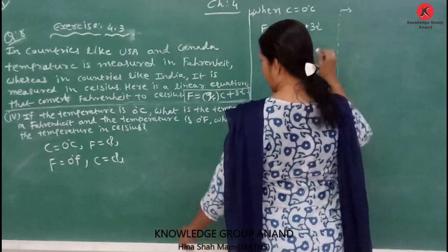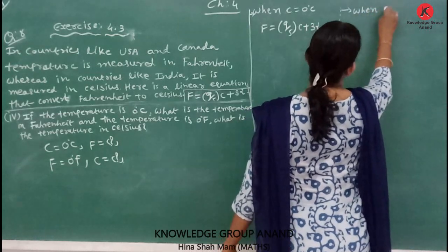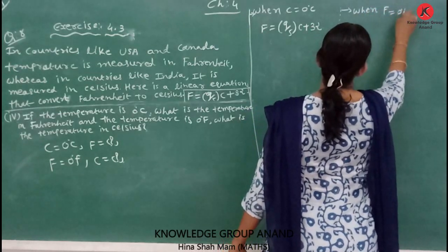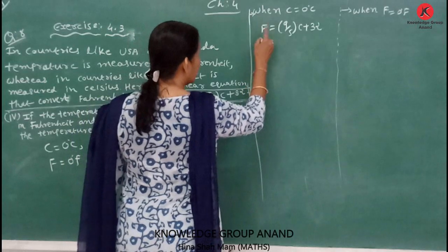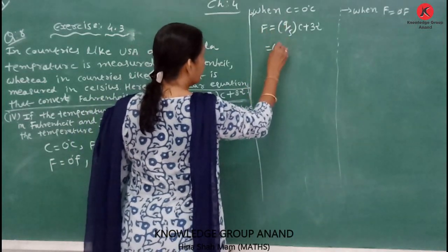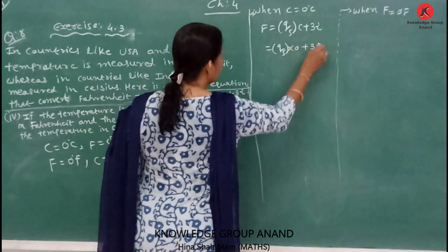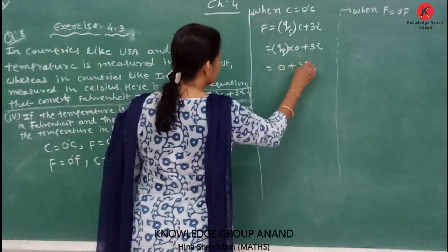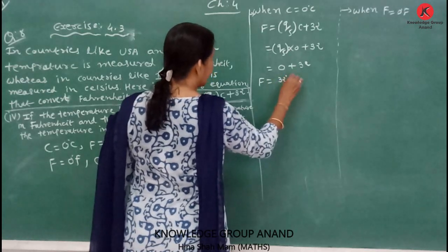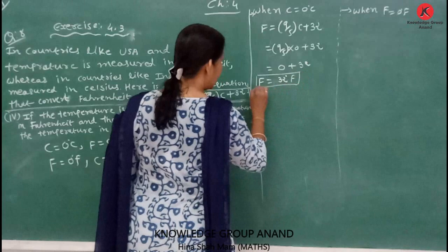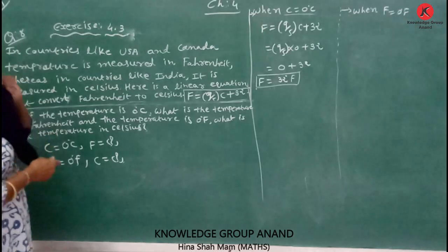Putting C equal to 0, 9 by 5 into 0 plus 32 is equal to 0 plus 32. F is equal to 32 degrees Fahrenheit. When C is equal to 0, F is equal to 32 degrees Fahrenheit.